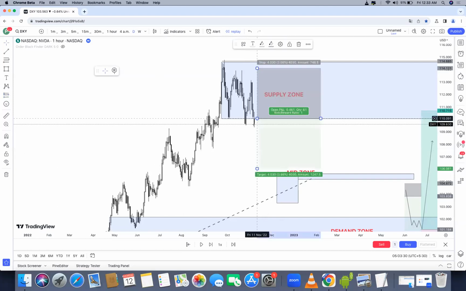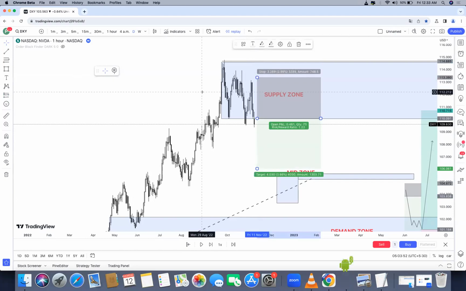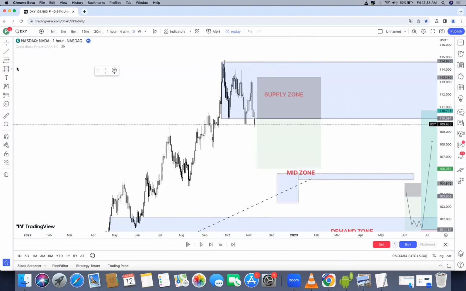Just at the beginning of the supply zone you can set your sell limit, and the stop would be above the market structure. If you want a very good risk to reward ratio, the best stop loss is going to be above this little zone we have here.